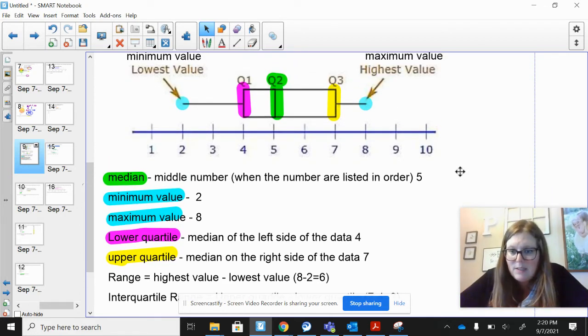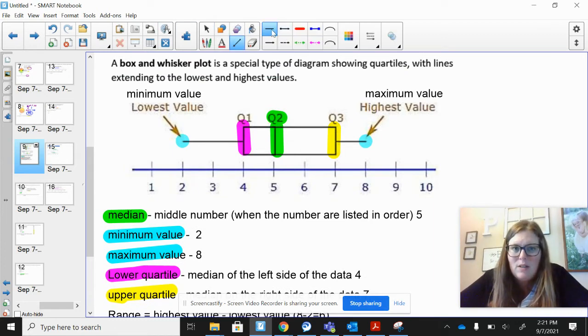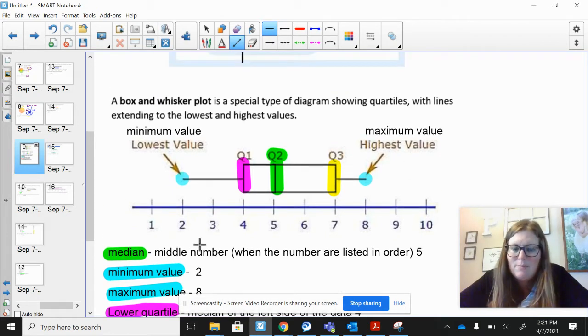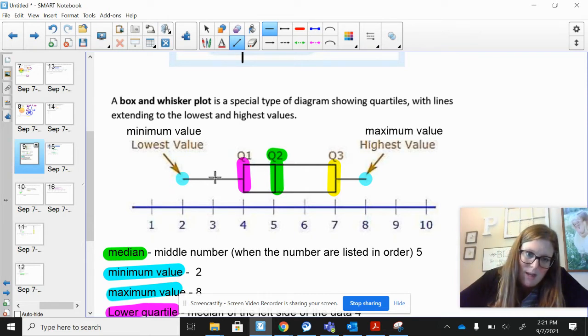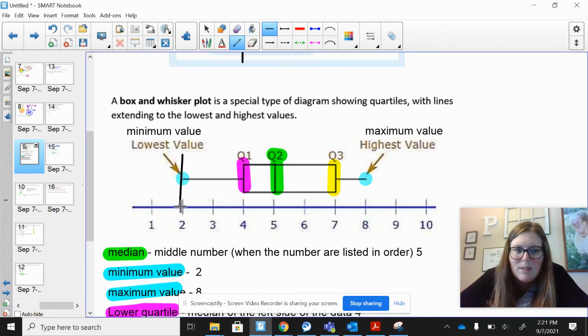All right, one of the last big pieces of information about a box and whisker plot is how it splits up in these quartiles. So this is going to get a little messy, but we'll make sense of it. Just try your best on your drawing. But notice we have 5 pieces of information here. The lowest value, the highest value, the median, the middle number, and then the median of this data, and the median of this data, the lower and upper. But if you notice, a box and whisker plot actually is broken up into 4 pieces.